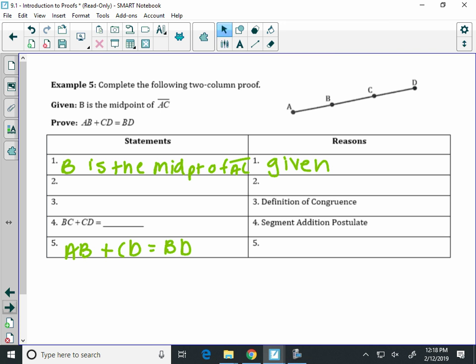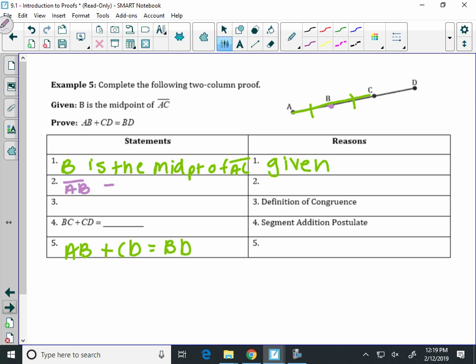Okay? So I'm going to look at what I'm given. And I'm given that B is the midpoint of AC. So here's B. It's the midpoint of this segment. What can we conclude? Yeah, AB, I'm going to mark in my diagram, and CB are the same. They're congruent. So I can state that.